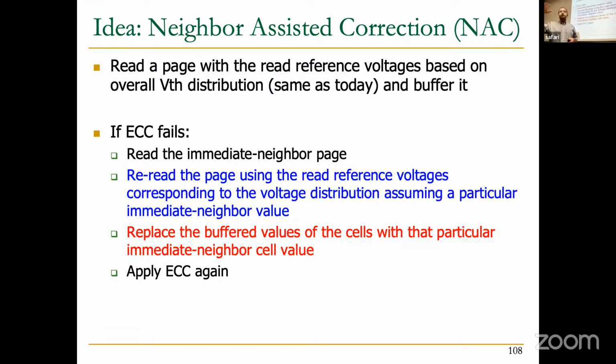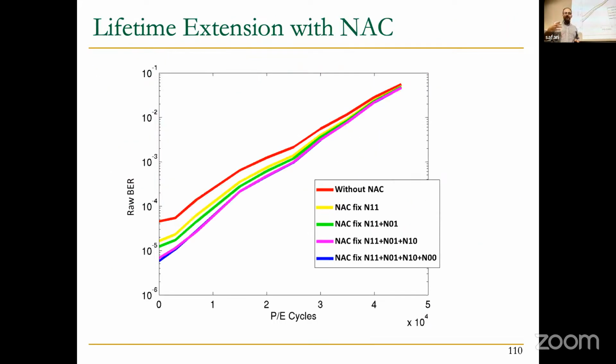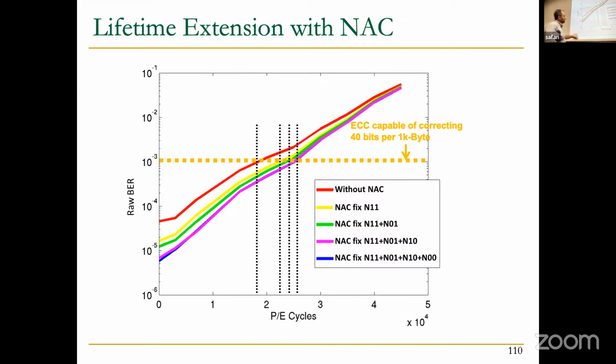So you can do that serially, right? This flowchart explains the technique. But essentially what you will achieve here is that without this technique, which we call NAC, you will have this number of PE cycles before getting to the highest raw bit error rate that you can tolerate.